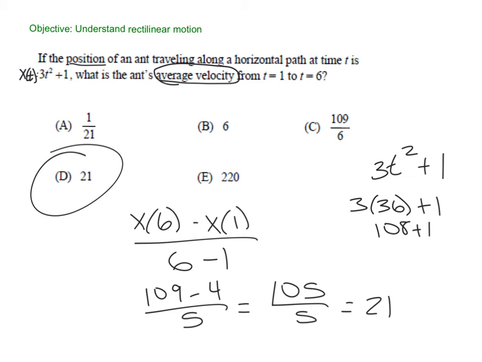D. All right? So again, average velocity is average rate of change. And we're given the position. Now, if we were given the velocity, that's a totally different problem. What's the average velocity when you're given the velocity? And we'll go over that later in the year.